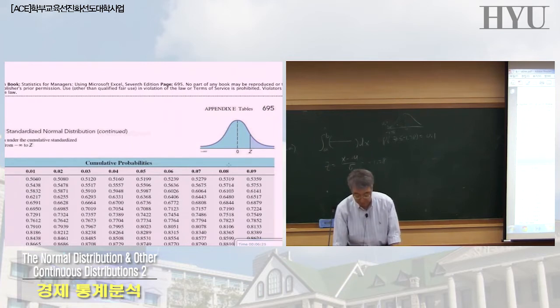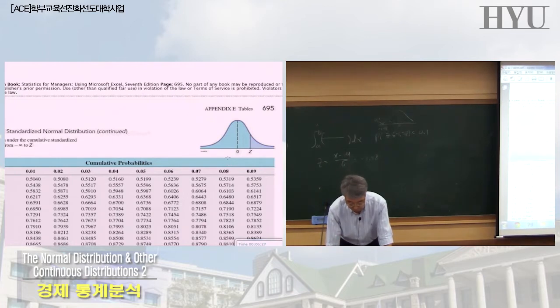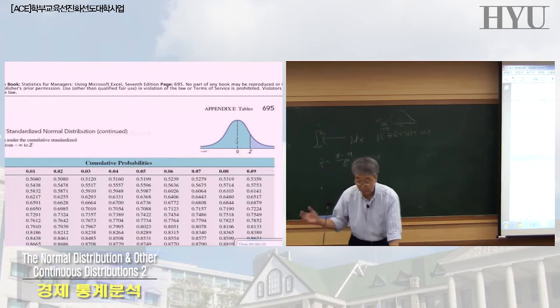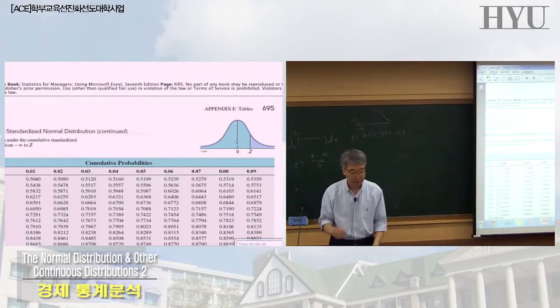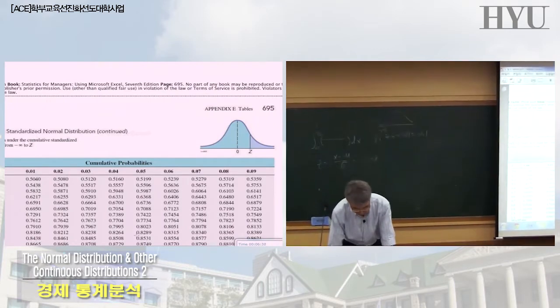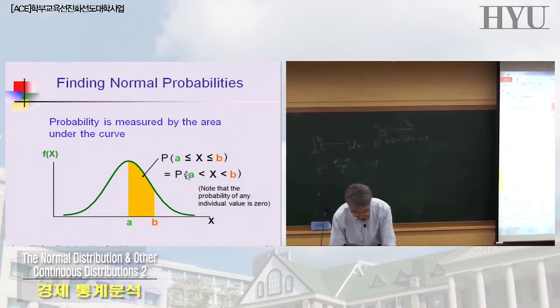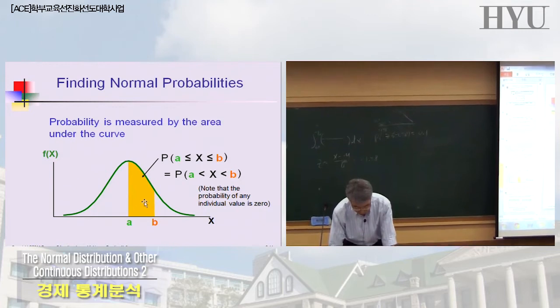So we know everything about z distribution or z table. So once we convert x values into z-score, we can calculate the probability. That's why we need to translate or transform x values into z value, okay?